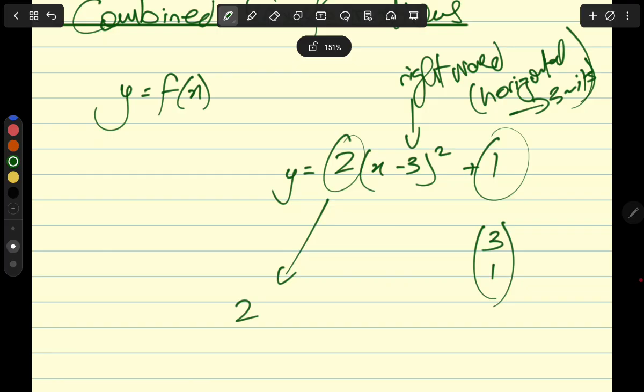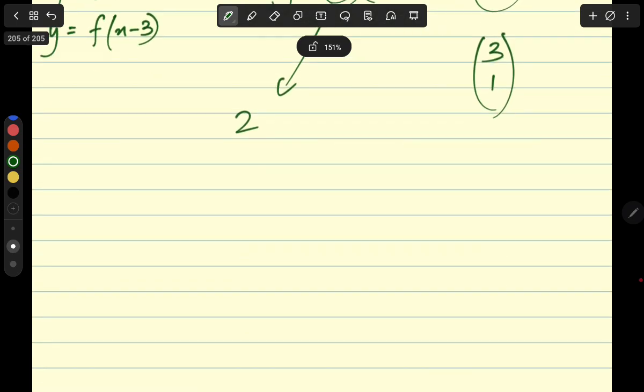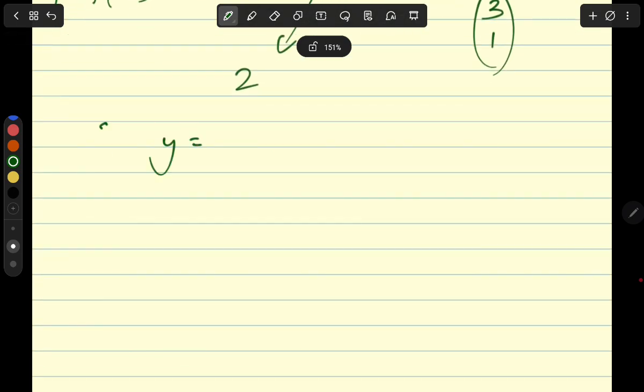Now, the order is that you do the inside first and then you do the outside after that. So first there is going to be this translation, and then you do the stretch factor. If this was y equals f of x, the first translation was y equals f of x minus 3. So if f of x equals x squared, then f of x minus 3 is first, which is x minus 3 whole squared.